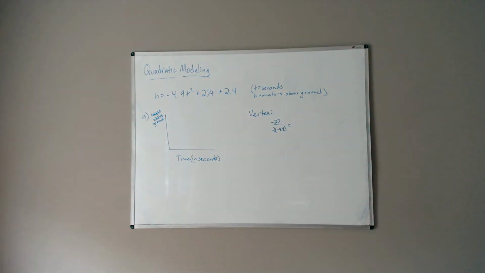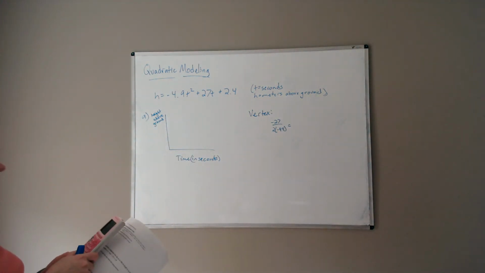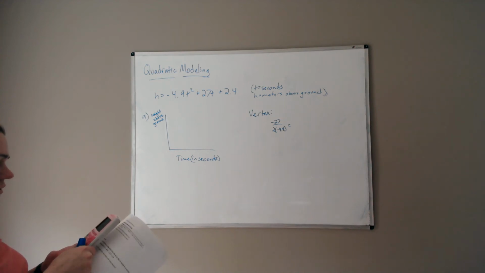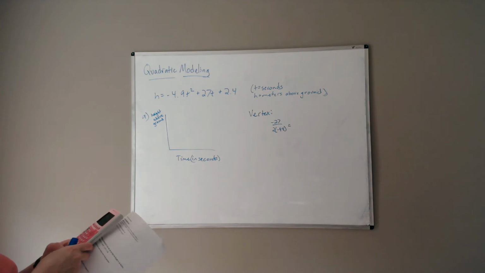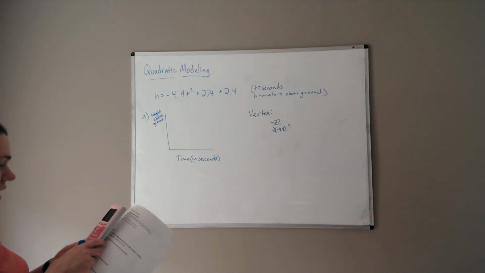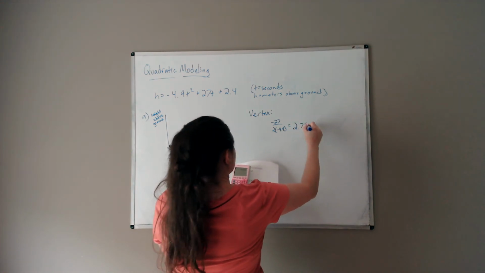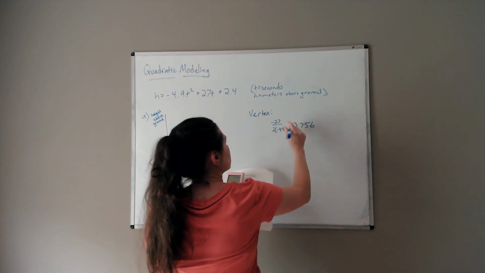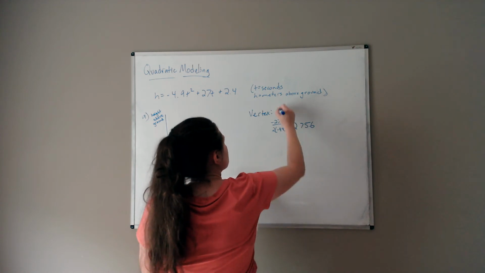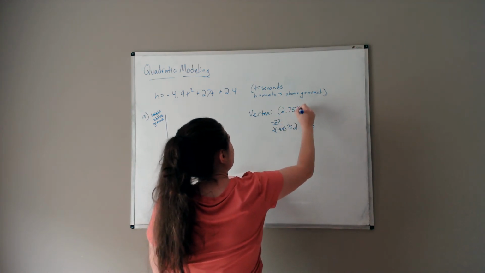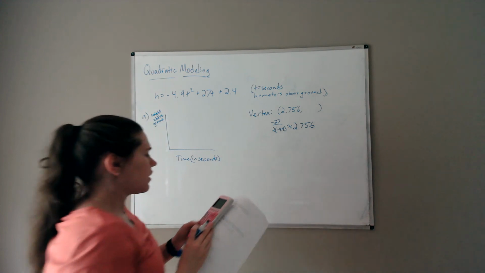Now it is okay to round these values when you are doing these modeling problems. So this is going to be 2.756, and that's going to be the time of the vertex.